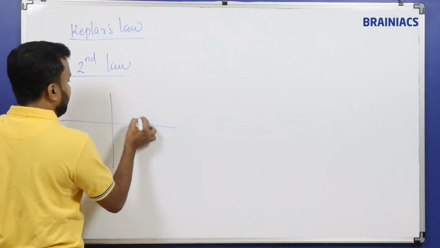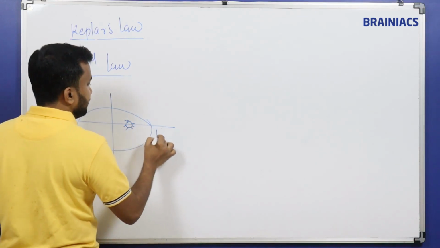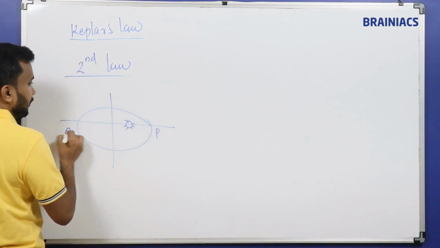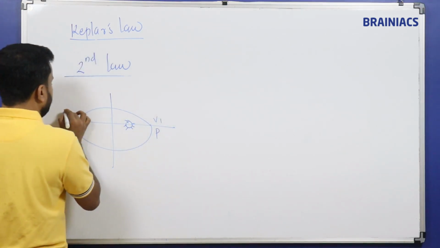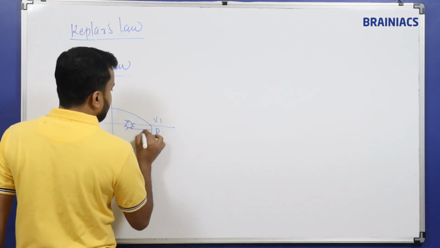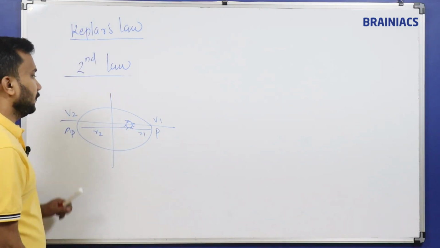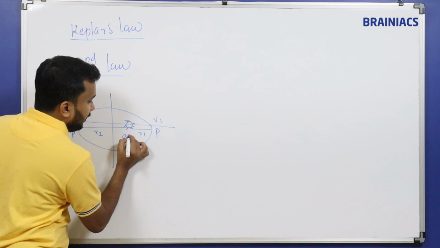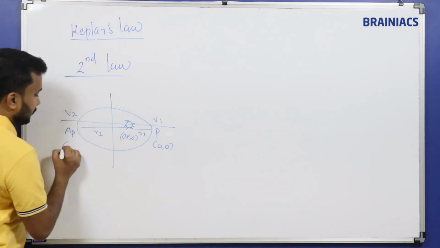So this is an elliptical path along which it is rotating, and this is our sun, and this is our perihelion, this is our aphelion, and the speed here is V1, speed here is V2, distance from sun to here is R1, distance from sun to here is R2. Okay, what is this coordinate? AE comma 0. What is this coordinate? A comma 0. What is this coordinate?